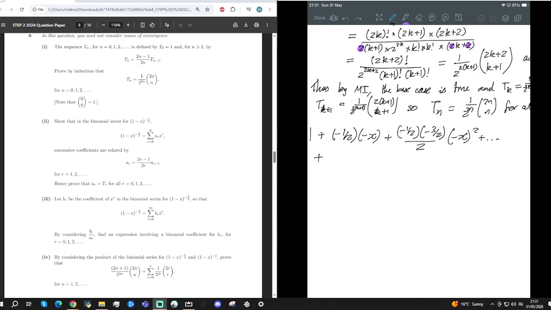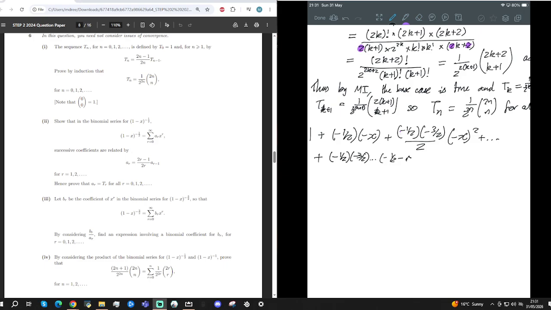So let's write out what we've got. We've got negative a half, negative 3 over 2, all the way to negative a half minus n. We need to be a little bit careful with our powers here, and maybe I should call this r.